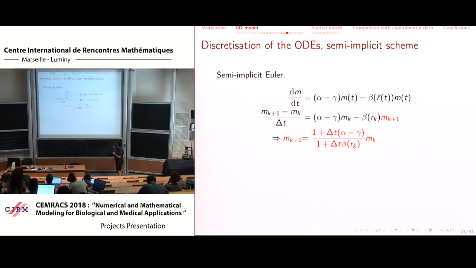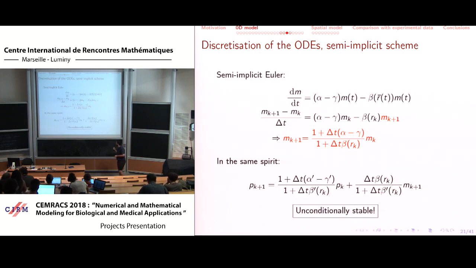Of course, we assume that alpha minus gamma is positive, otherwise the mesenchymal cells will just disappear. Again, in the same spirit, we have an expression for pk which ensures positivity, so that's unconditionally positive.